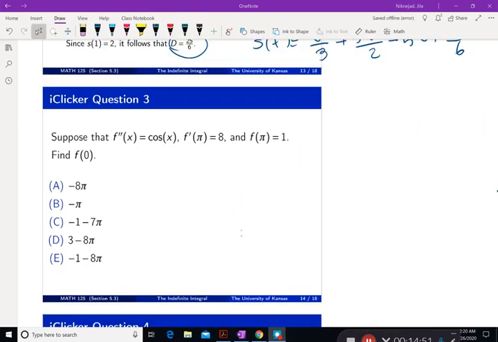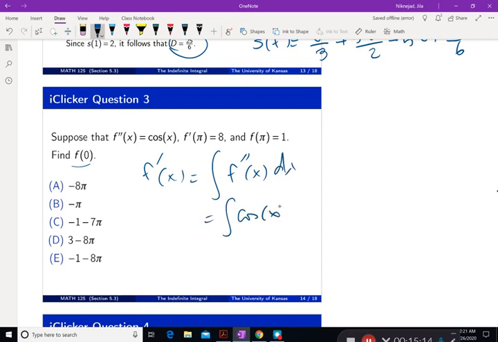So we're discussing f double prime, and I want to find f at some value. I know that I'm supposed to undo the derivative until I get to f. So let's start with undoing the derivative once. And then I end up with, what's the antiderivative of cosine of x? Sine of x plus c.